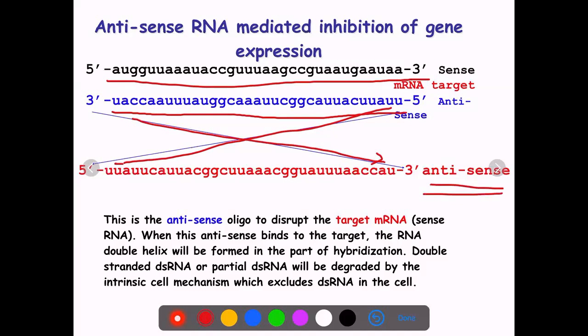So what will happen is that you synthesize this oligo, and then you put it in a cell. Then this will bind to here because 5' is right here. So it will go to here, and then here, and then here. So this guy will bind to the sense RNA.